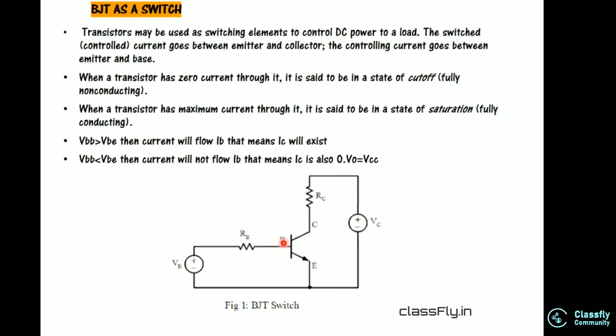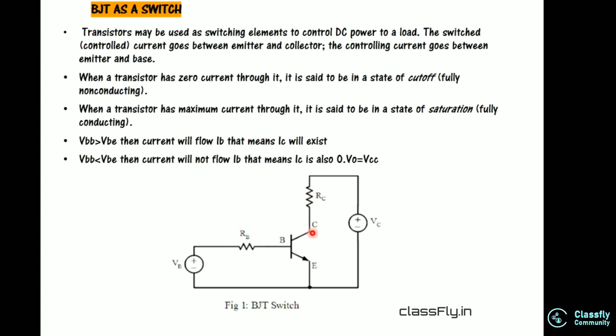When we give the supply to the base and the emitter, when VBB is less than VBE, the voltage across the base-emitter, which for silicon is 0.6 to 0.7 volts, the current will not flow. So the base current is zero, and the collector current will also be zero.